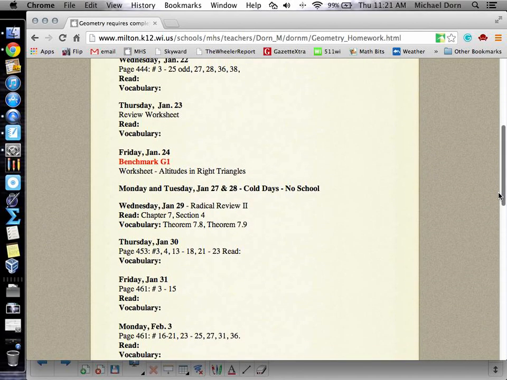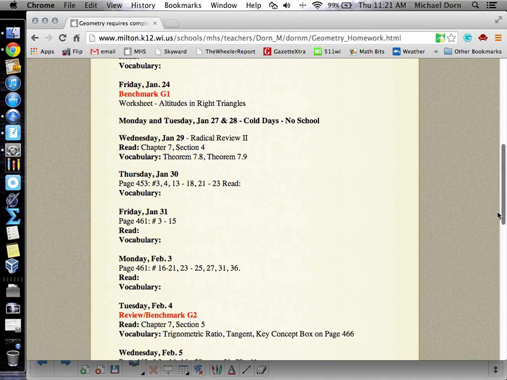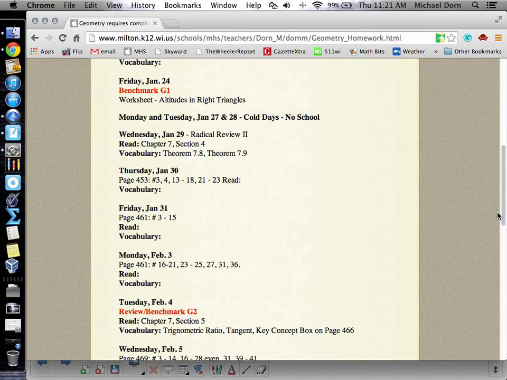There's no vocab tonight. 3, 4, 13 through 18, 21 through 23 in the book on that page. Plus then these few radical problems. There's like 10 of them. Number 10 is a bit of a challenge problem, a little bit tougher.